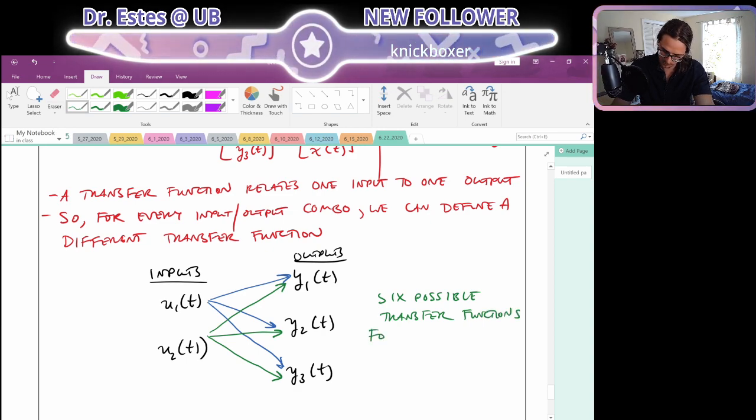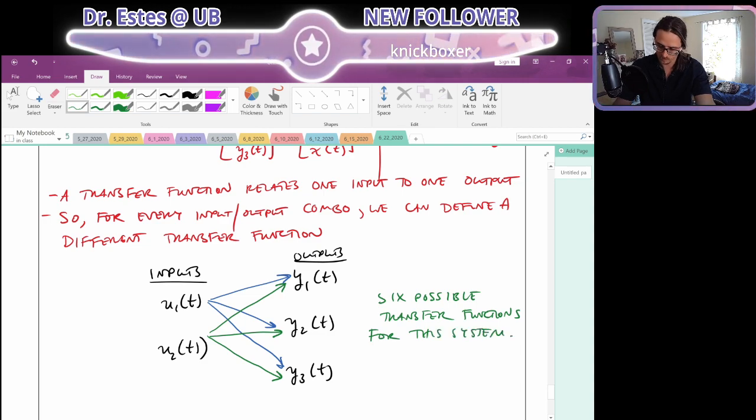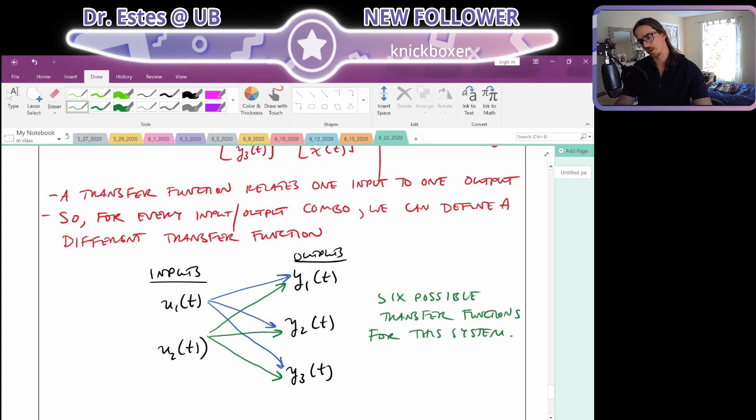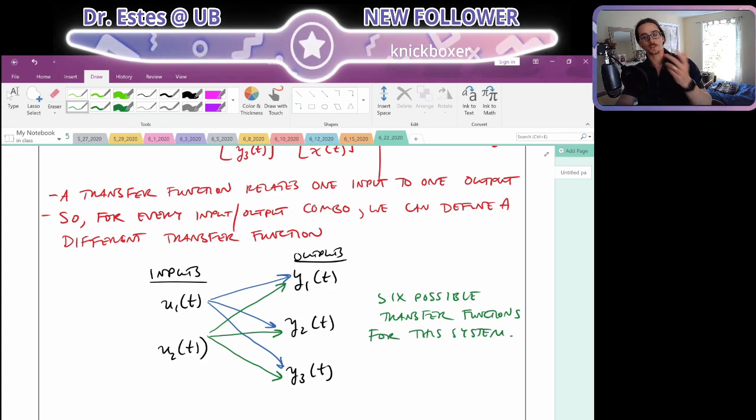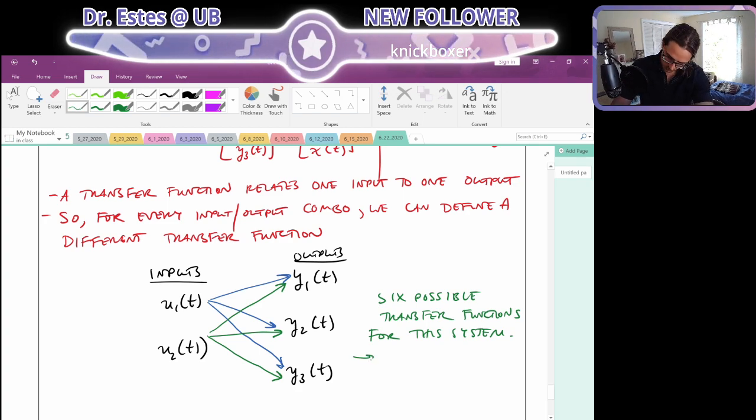So we have 6 possible transfer functions for this system. But in general, the number of transfer functions is your number of inputs times your number of outputs. So in this case, 2 times 3 gives us 6.